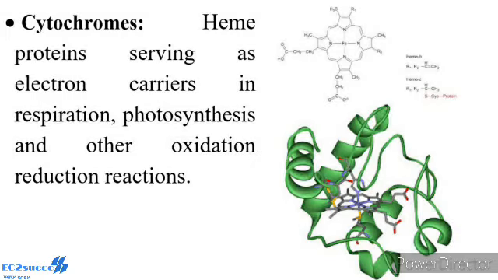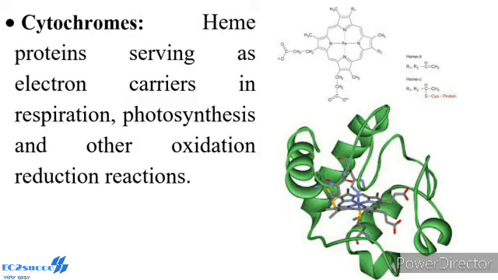Next one, cytochrome. Heme proteins serving as electron carriers in respiration, photosynthesis and other oxidation-reduction reactions. In the electron transport chain, the reduced ubiquinone, called ubiquinol, is then oxidized with the transfer of electrons to cytochrome c via the cytochrome bc1 complex, called complex 3.